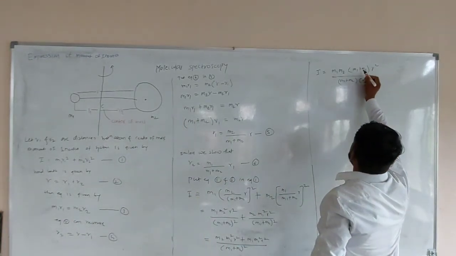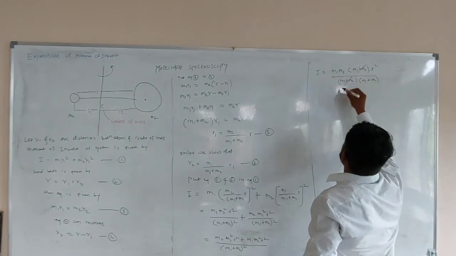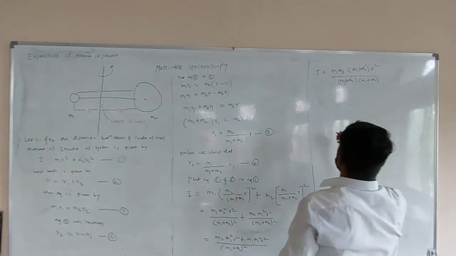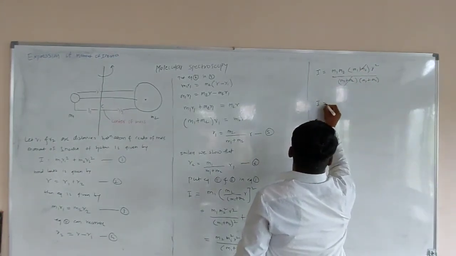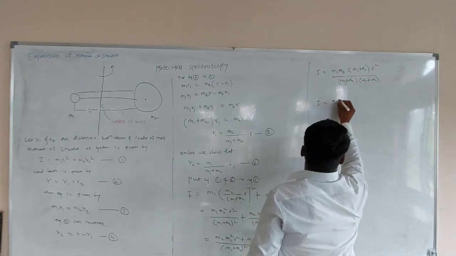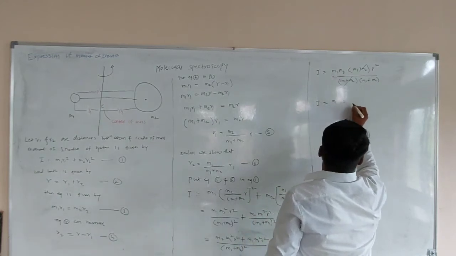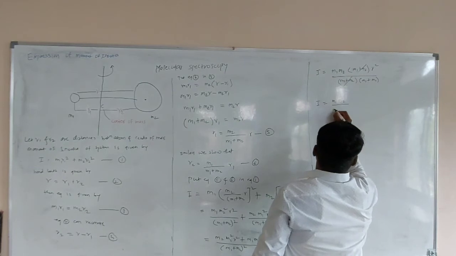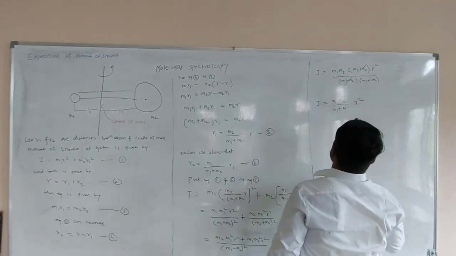Now in this step, cancel the common term (m1 plus m2). Then I is equal to m1 m2 divided by (m1 plus m2) into R square.